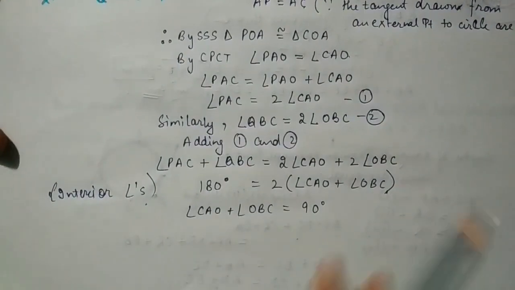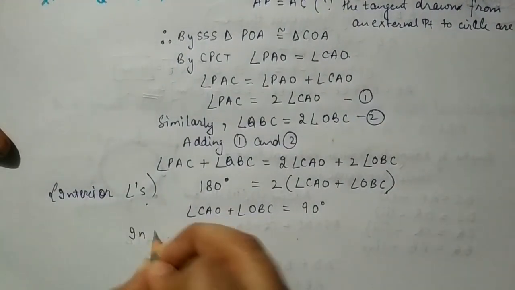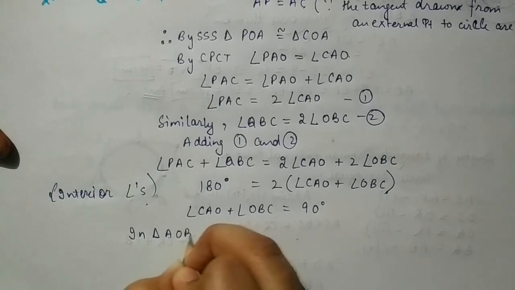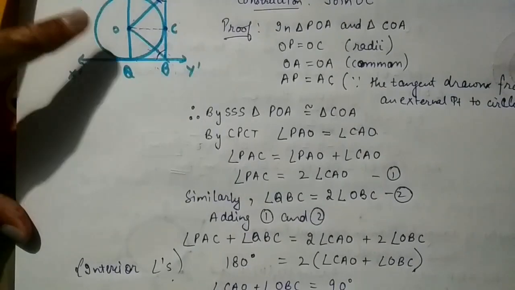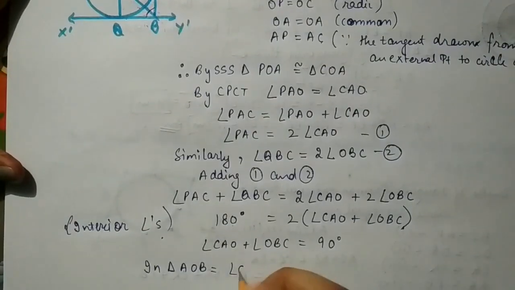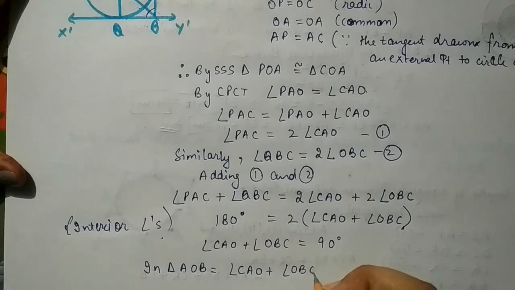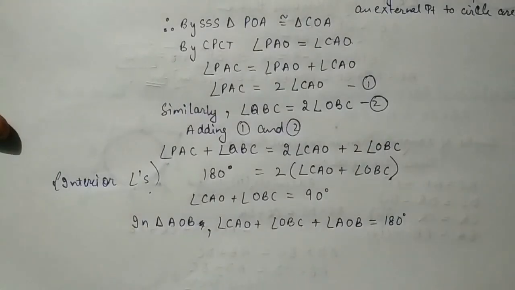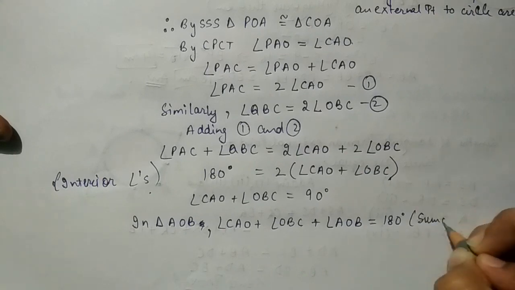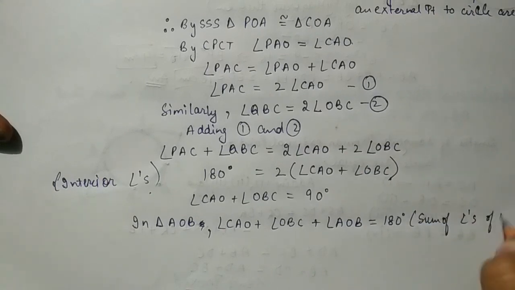You will say in triangle AOB, you can see the figure, in triangle AOB means this triangle, angle CAO plus angle OBC plus angle AOB is equal to 180 degree, because sum of angles of triangle is 180 degree.